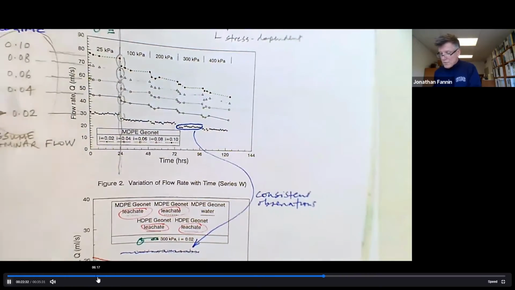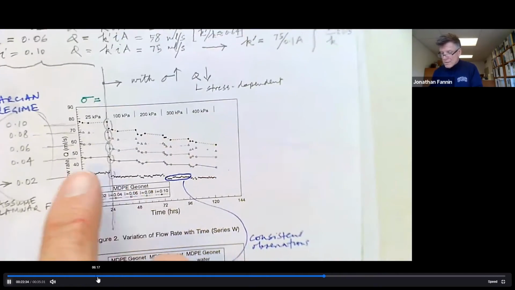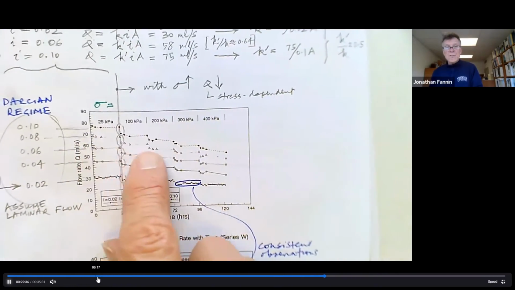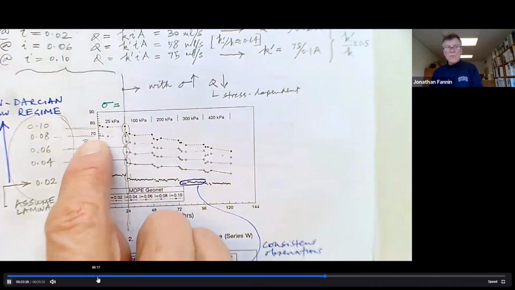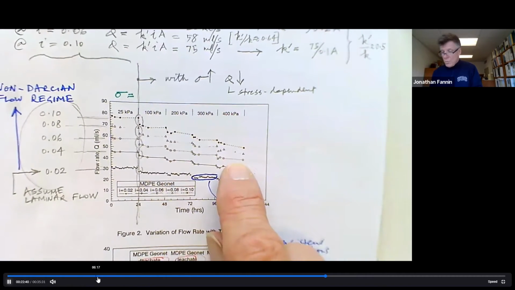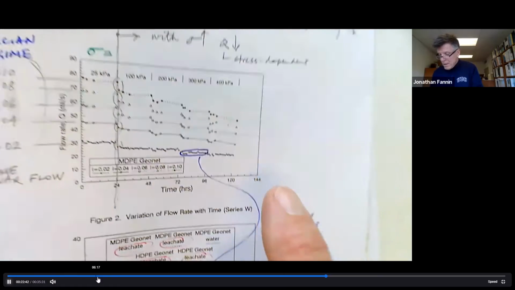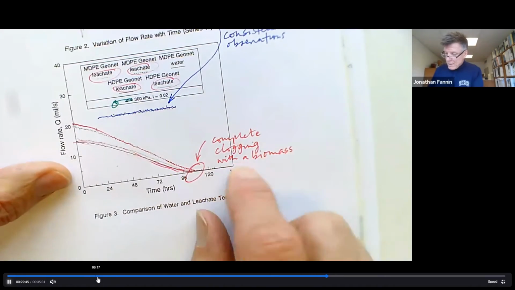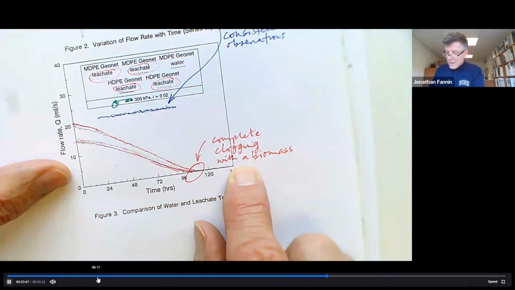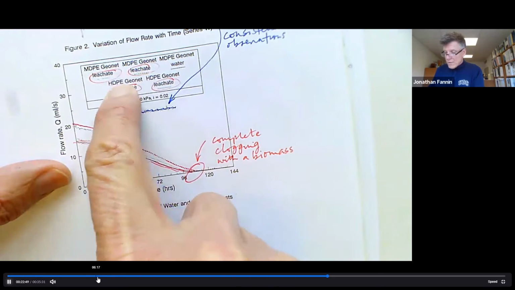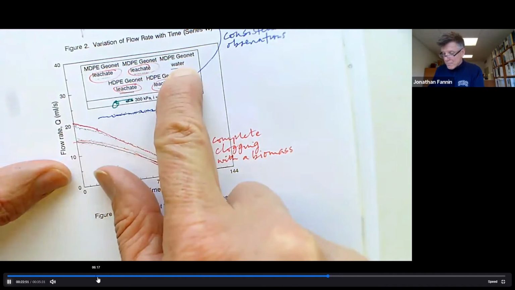If you remember when we were looking at the transmissivity of geonets, the flow rate of water through the geonets was a non-Darcian flow regime. I happened to show there complete clogging with biomass if it was done with leachate, not water.